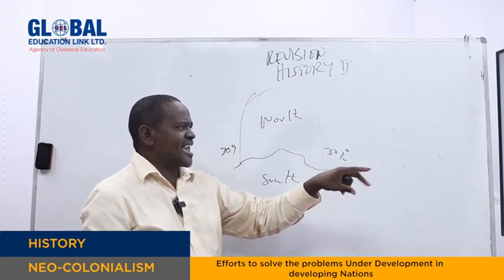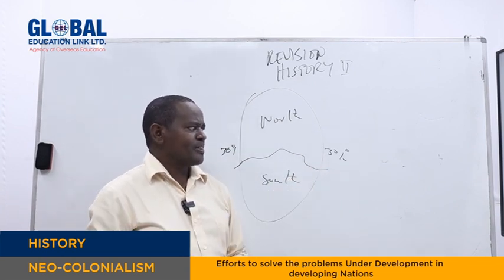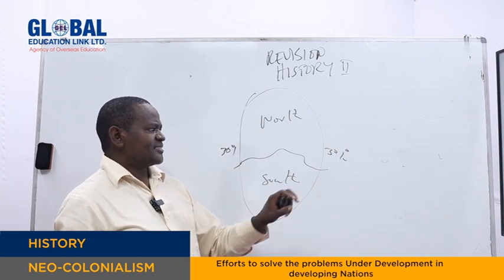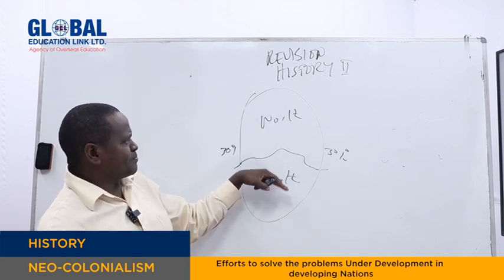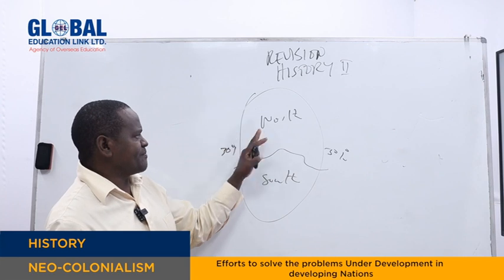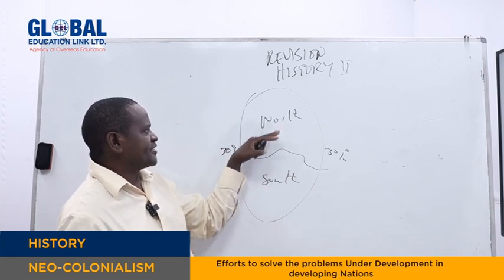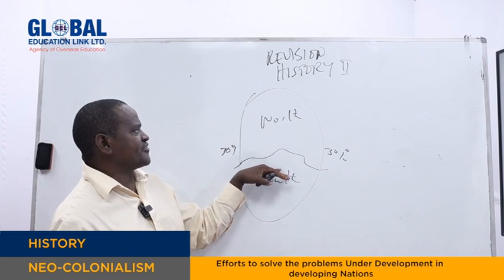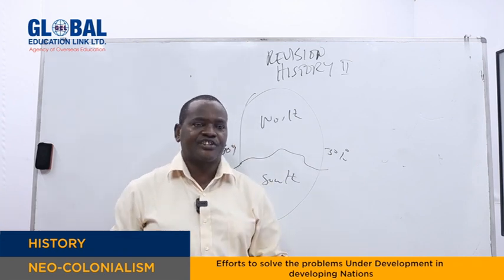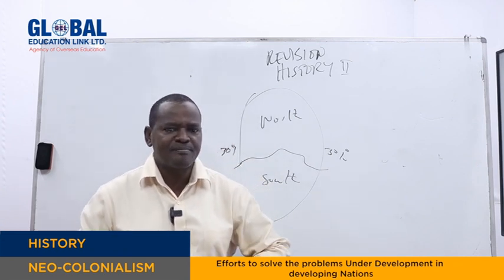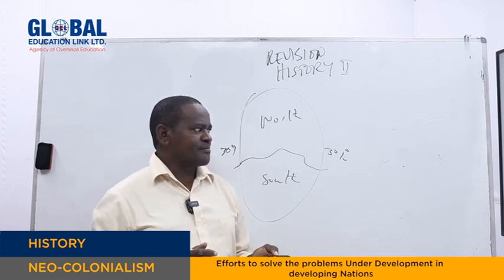So this is the line which has been drawn by Willy Brandt. And so he said, the southern countries are poor, the northern countries are rich. So something has to be done, at least to help the south, because the countries of the south and the countries of the north depend on each other. So some efforts should be made to help the southern countries to overcome the problem of poverty.